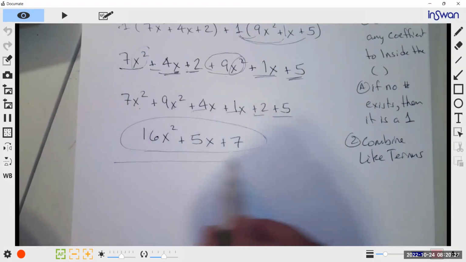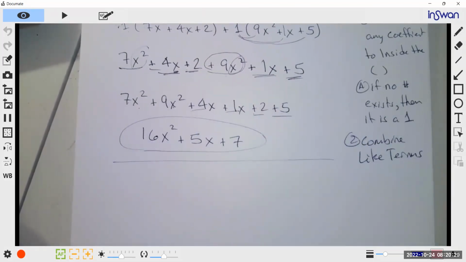Okay, let's look at an example. We have coefficients to distribute.